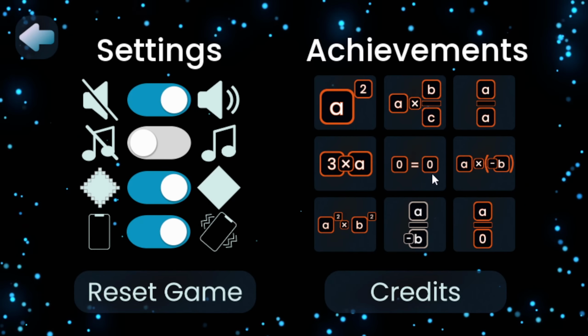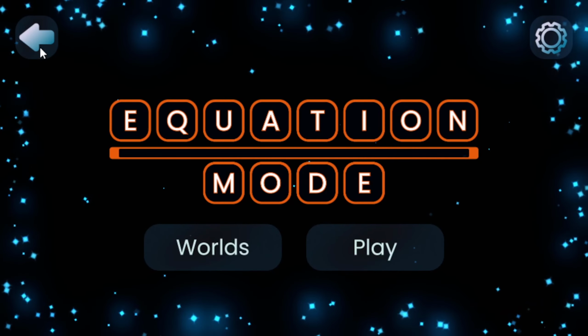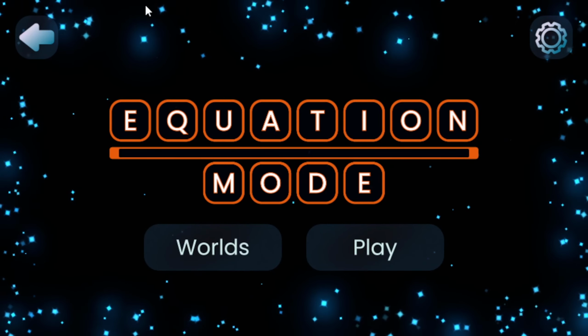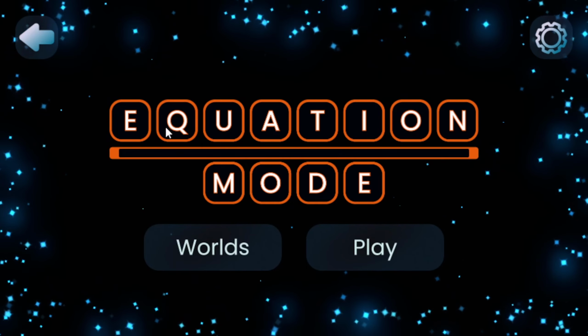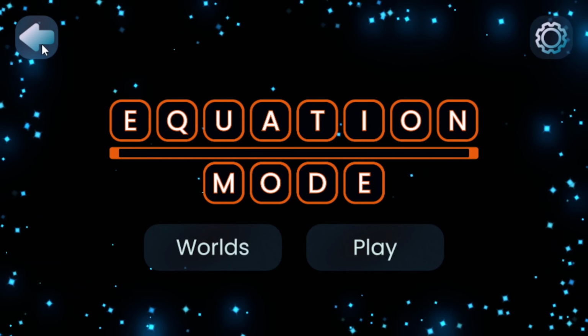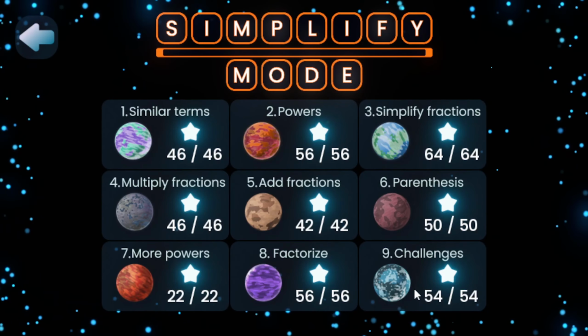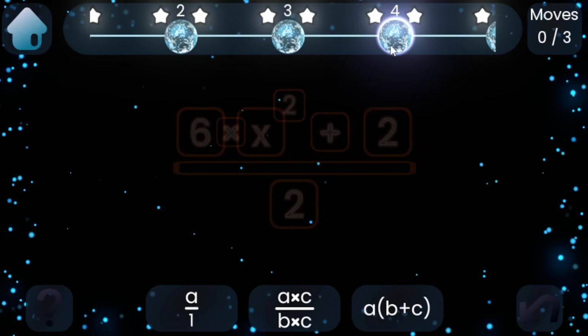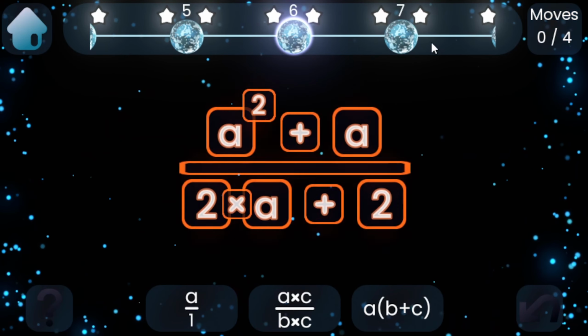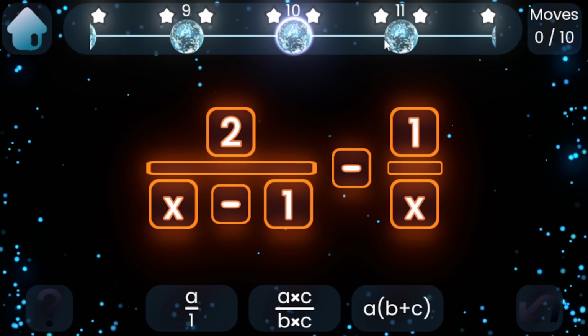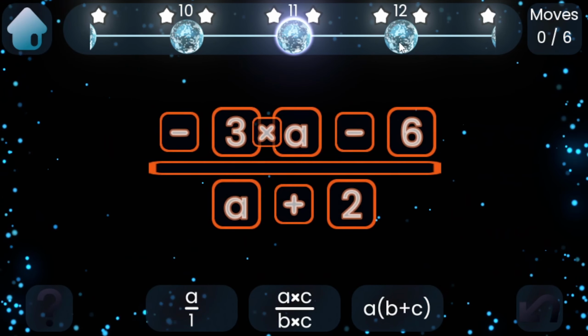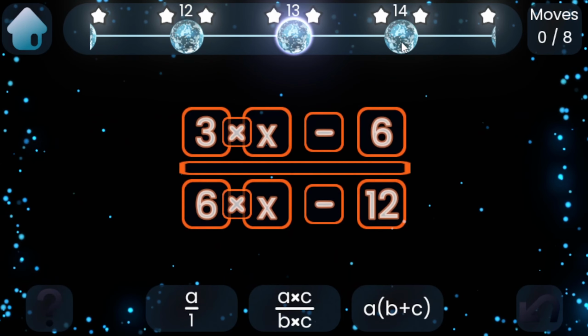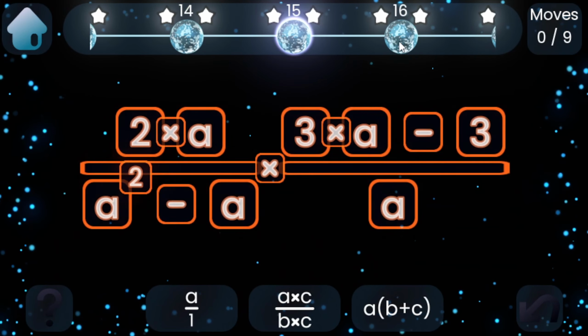All right, this last achievement here that we haven't gotten is quite tricky, but you need to be specifically in simplify mode in the last world. And this is probably the most tricky one. You need a negative denominator. I think you can be in the second to last world as well.